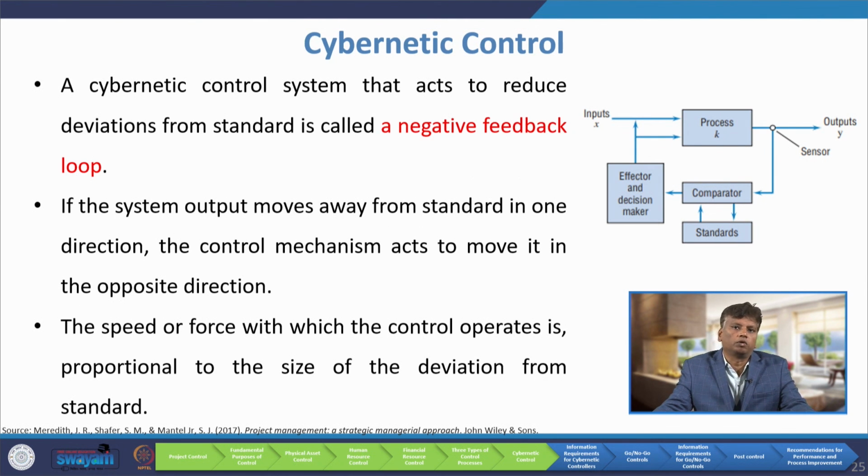A cybernetic control system that acts to reduce deviations from standard is called a negative feedback loop. If the system output moves away from standard in one direction, the control mechanism acts to move it in the opposite direction. The speed or force with which the control operates is proportional to the size of the deviation from the standard.